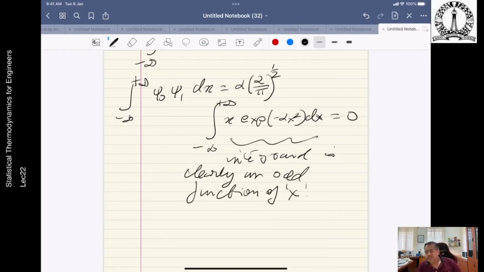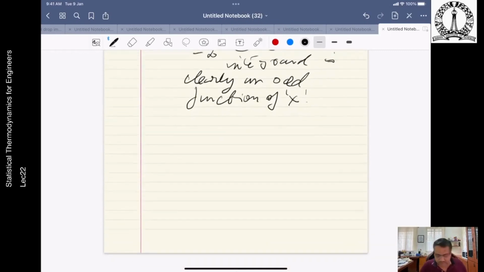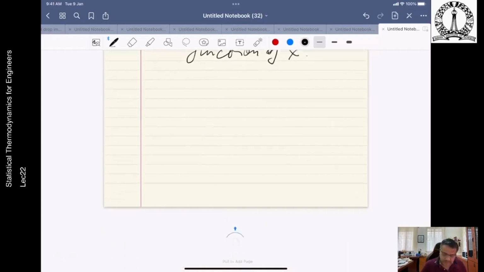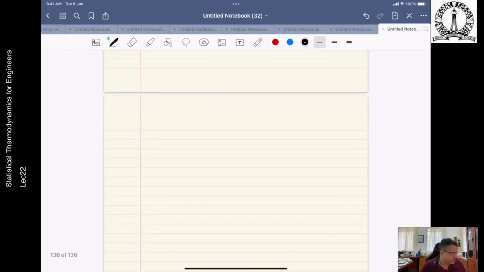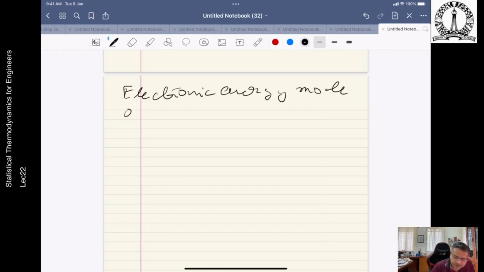This is how you analyze it. We have seen how the vibrational energy, the rotational energy and the translational energy can be treated. Now we can extend this kind of analysis to the electronic energy mode of atomic hydrogen. You know the rigid rotor, the harmonic oscillator, the degeneracies and the energy levels.